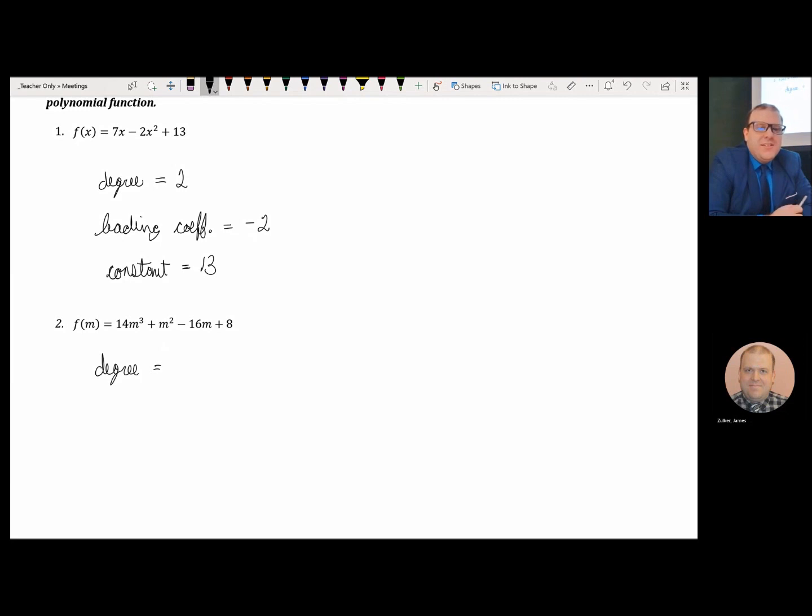Degree. 3. Leading coefficient. And constant.